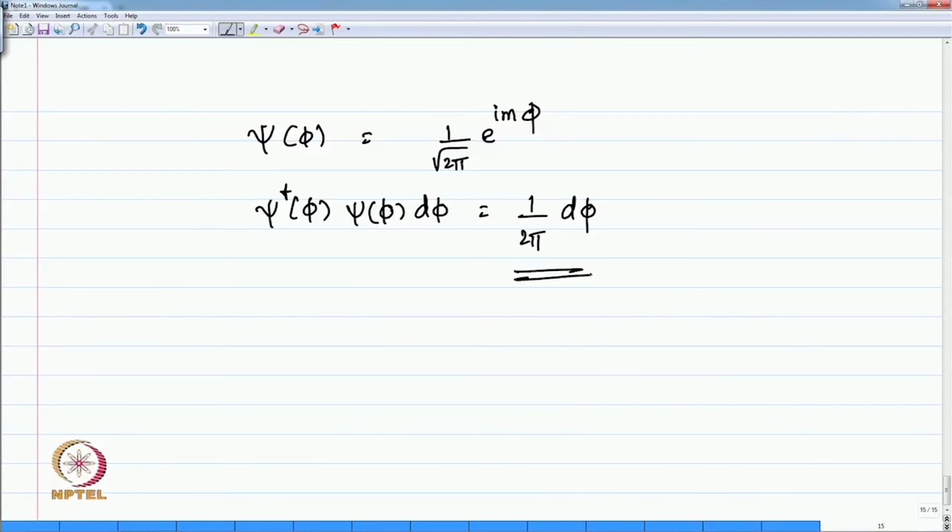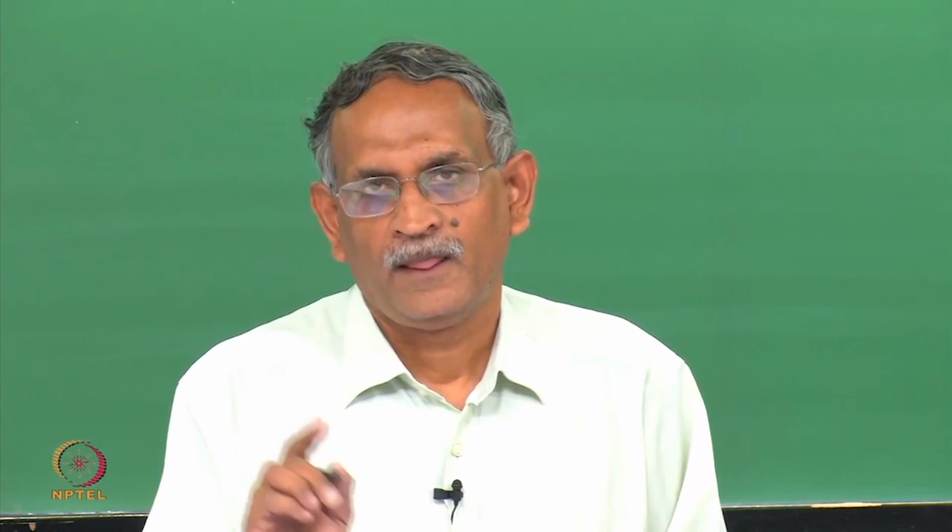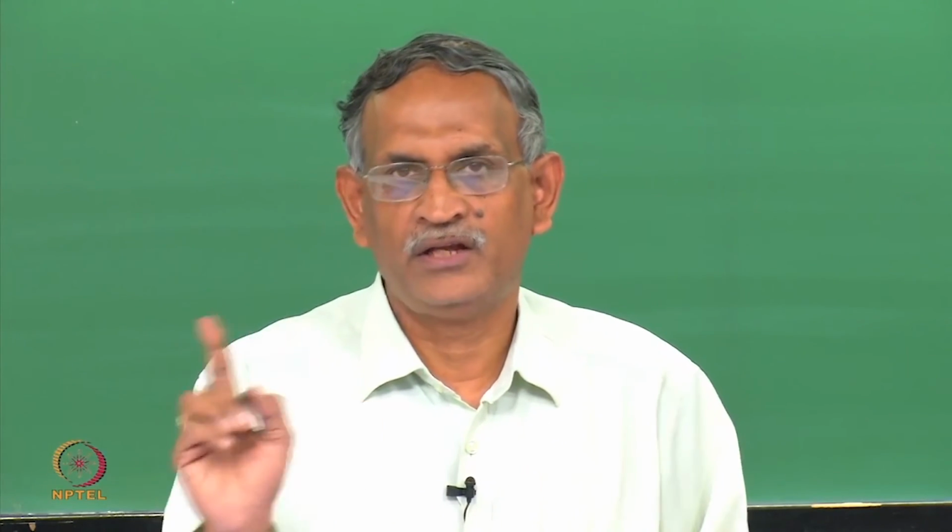Therefore, you see that the probability is proportional to the length of the arc in a ring that we look at.